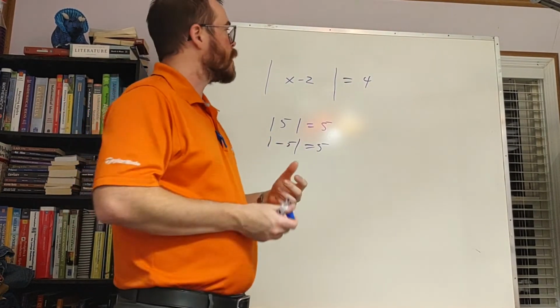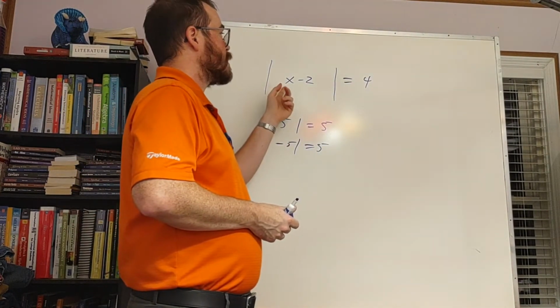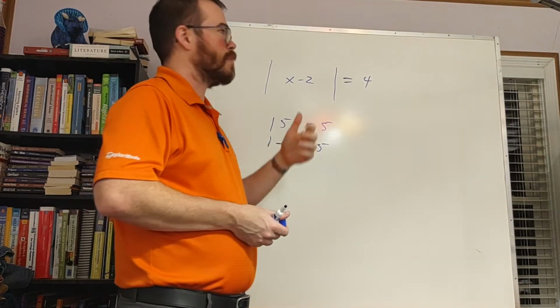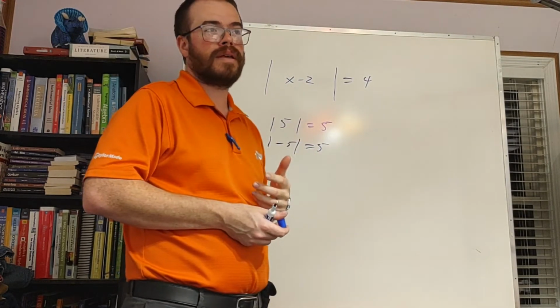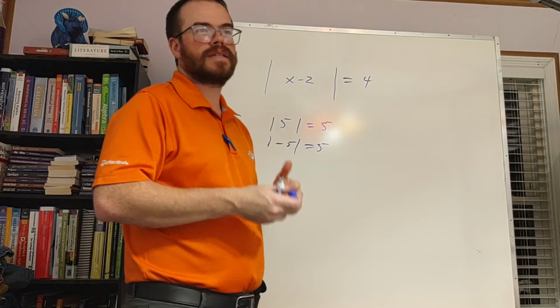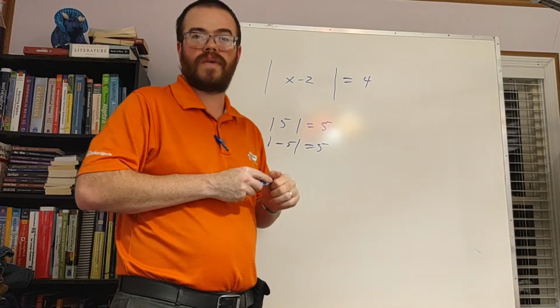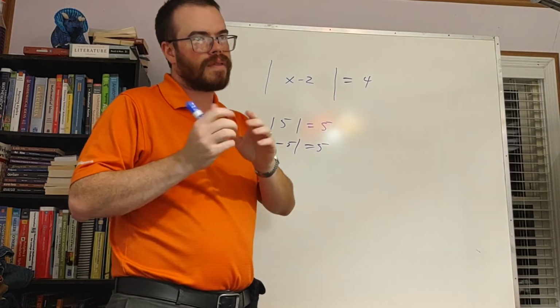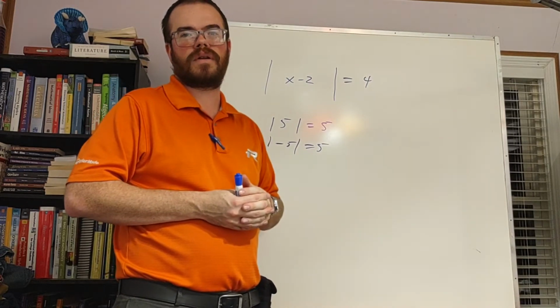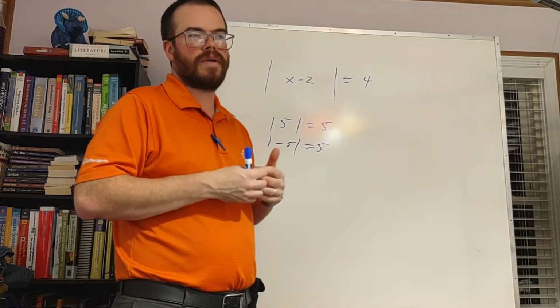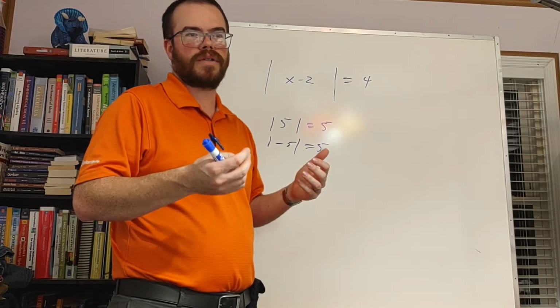I can plug in some negative number or some positive number and it would give me that. So we have to consider both the positive case and the negative case whenever we're talking about absolute value equations. Other than that, it's really the same as solving our linear equations with one variable.